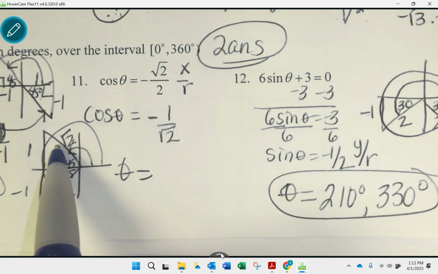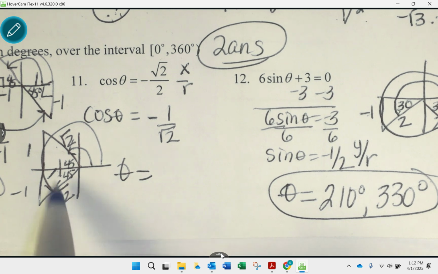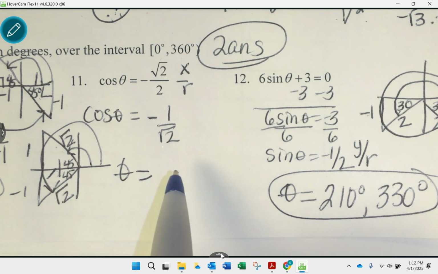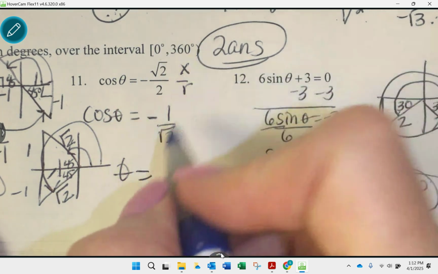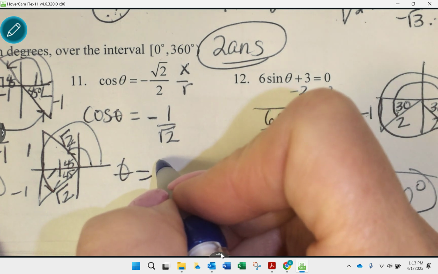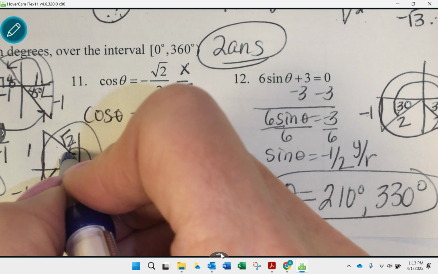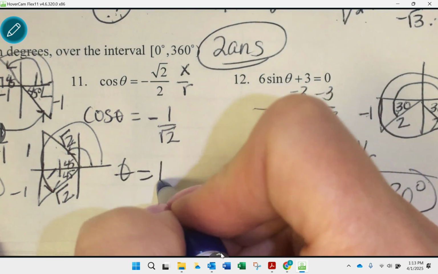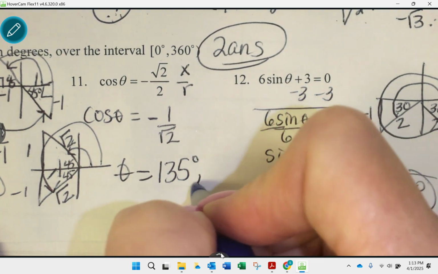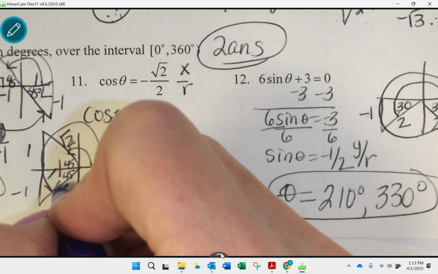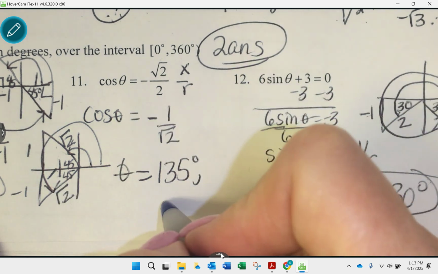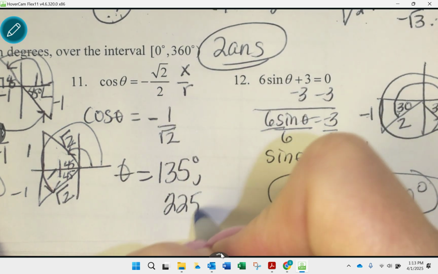X is negative in quadrant 2 and quadrant 3. You got the 2 answers? We had to do 180 minus 45, 135, and then we have to do 180 plus 40 and plus 5. Good.